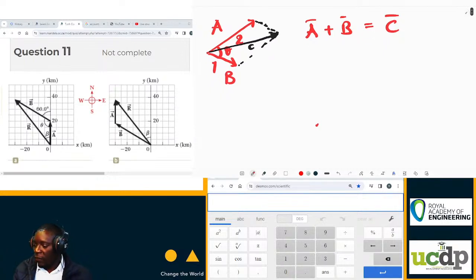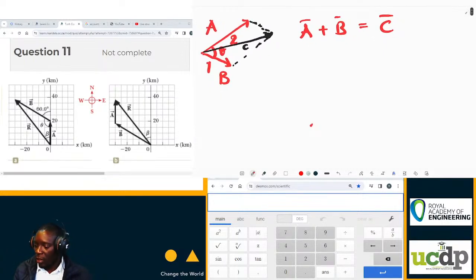So in this case, if we have vectors of this nature, this leads us to the identification or the resolving of vectors into components, which is also an important thing. So what we would want to do in this case, we have C, which is, let's assume C is horizontal, or even if it's not horizontal, we need to know what angle is between A and C. What is that angle between vector A and C?